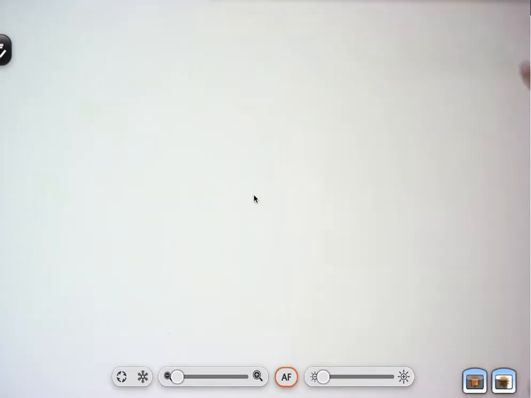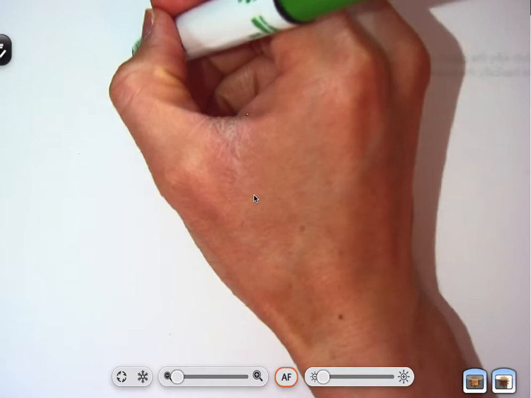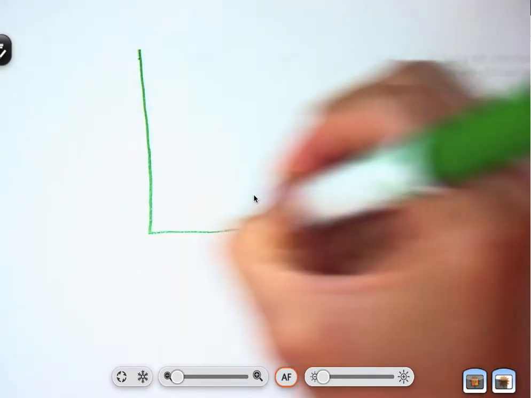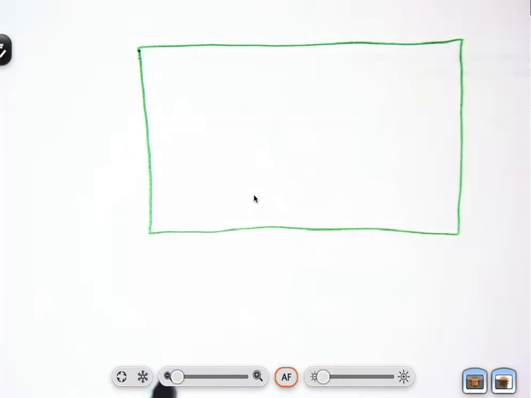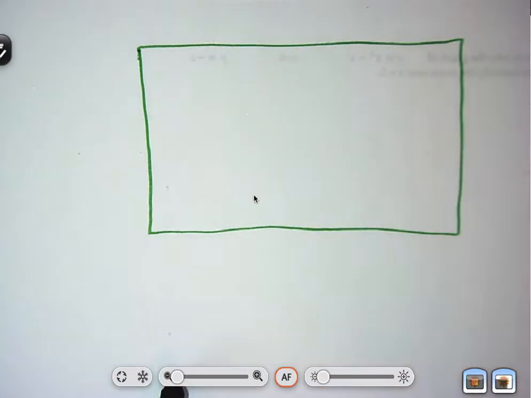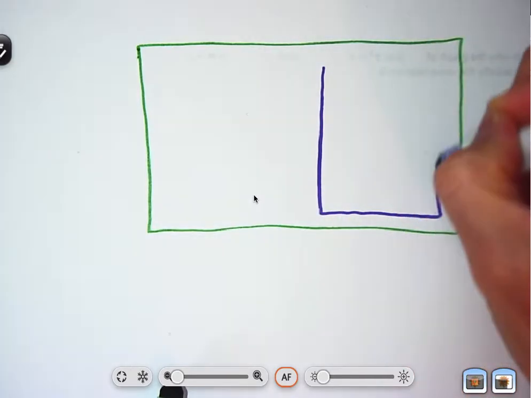What's another possible relationship you can show using Venn diagrams? Okay, well, you can actually put the Venn diagrams completely inside of one another. So, you can have one big box. And then inside that one big box, you can put another box in it.